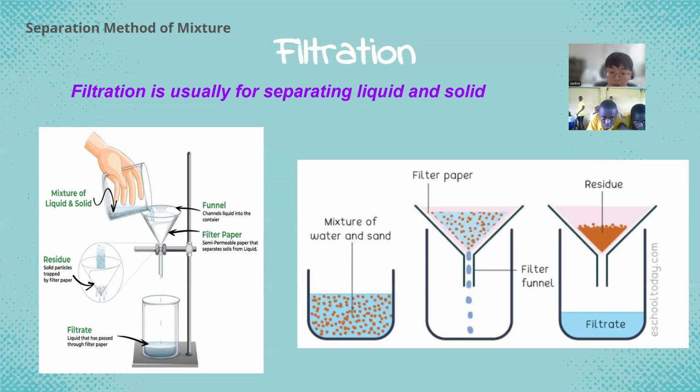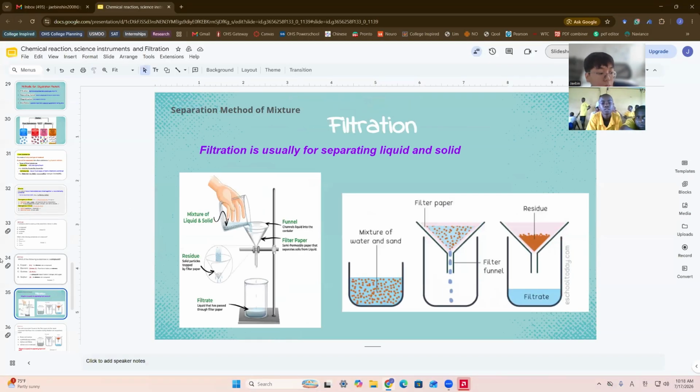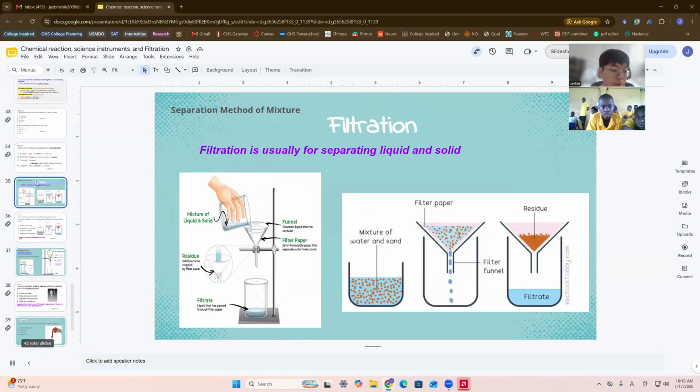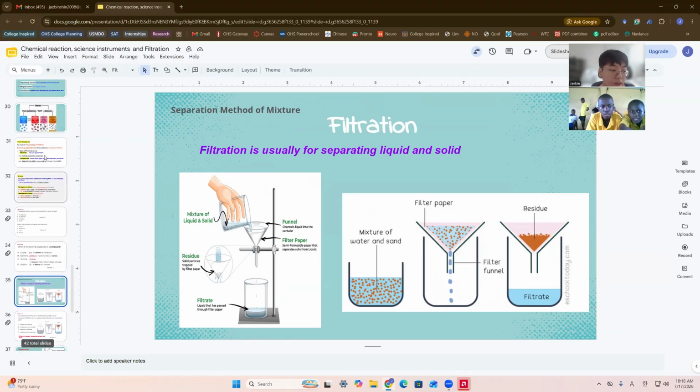I think we will start the separation methods. Okay, we will start with the separation methods of mixtures in our next class. Because I think we have a few more slides remaining, but we will continue from filtration methods next class.